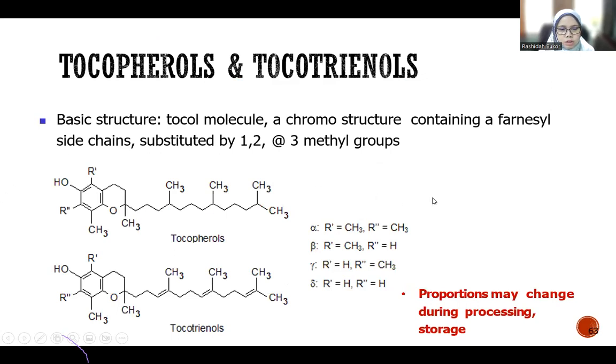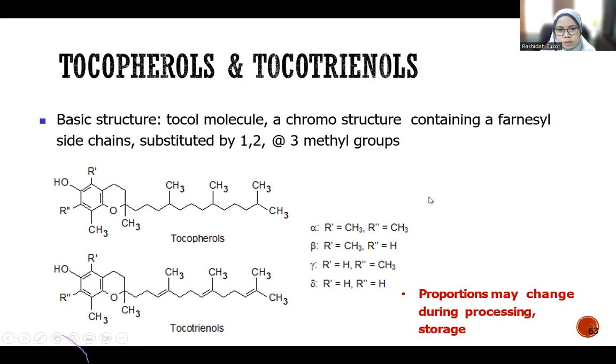Okay, and then tocopherol and tocotrienol, what are they? They are antioxidants that we use a lot in formulation. Tocopherol and tocotrienol are vitamin E. Depending on this structure, the R group will confer what type of compound is attached at R1 and R2.